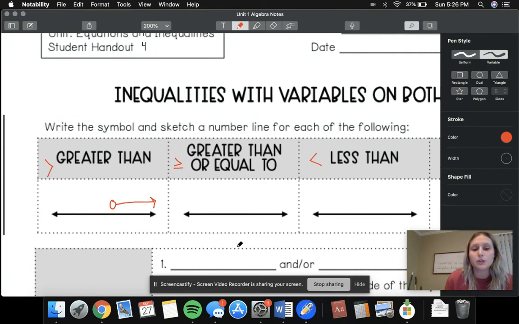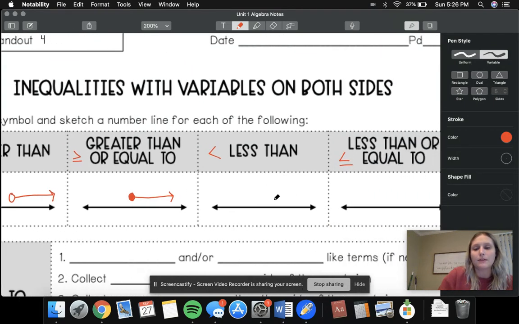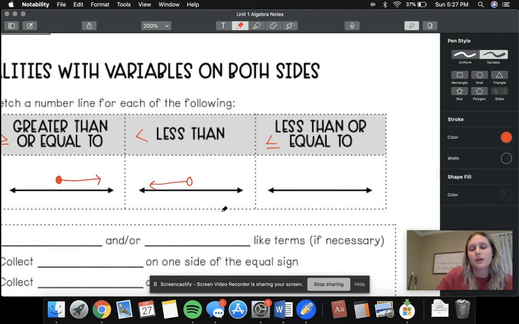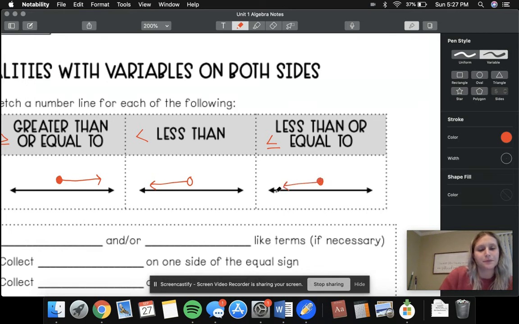For greater than or equal to, it could be that value, so we use a solid dot in this case, and still greater than, so we will shade bigger or greater to the right. For less than, we're talking about smaller. It cannot be that actual value, so we use an open dot, and we shade to the left to show less or smaller. And finally, less than or equal to, solid dot, shade less than or left.